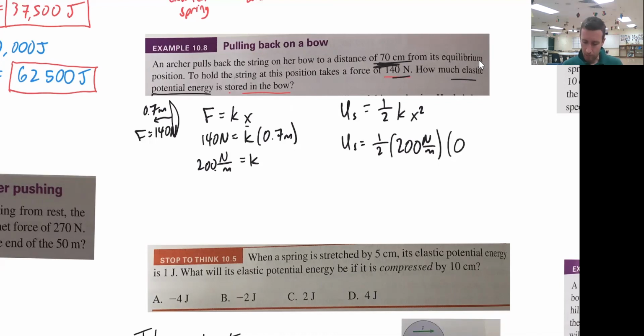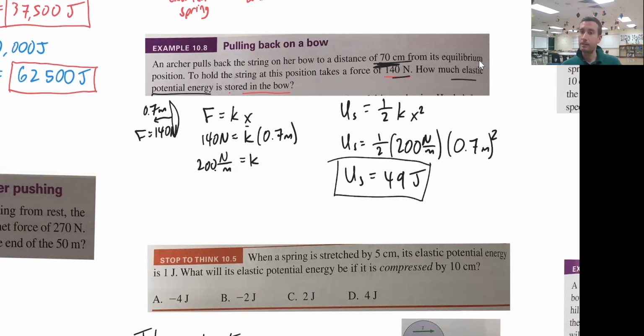So that's 0.7 meters squared. 0.7 squared is 0.49 times half of 200, which is 100. So the spring potential energy is 0.49 times 100, or 49 joules. Great. So how much spring potential energy is stored in the bow? 49 joules.